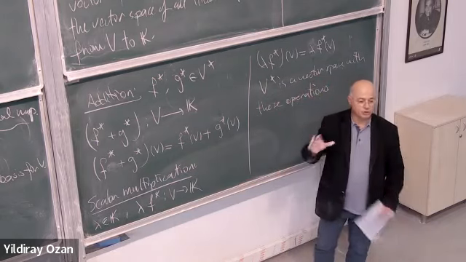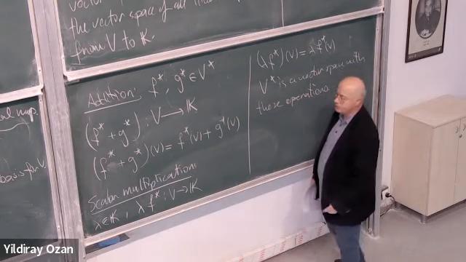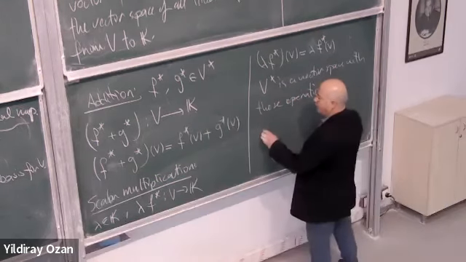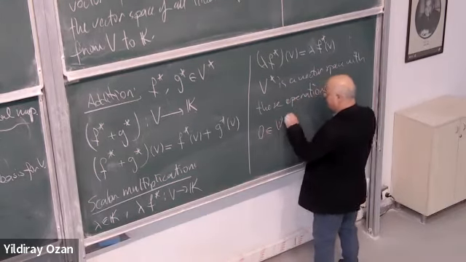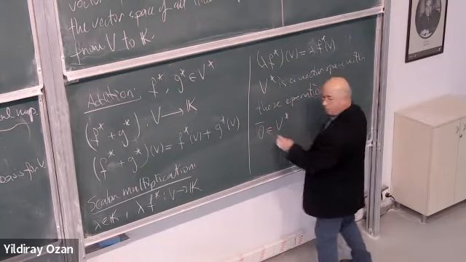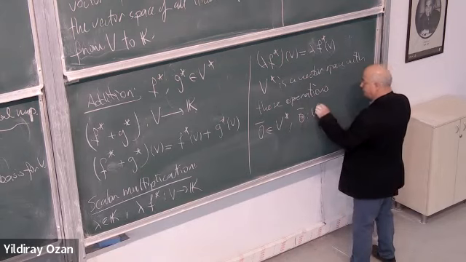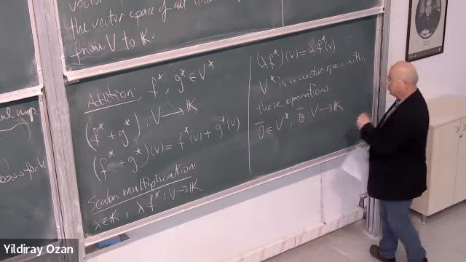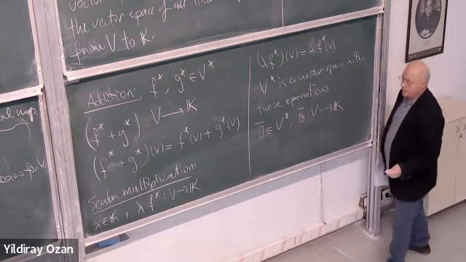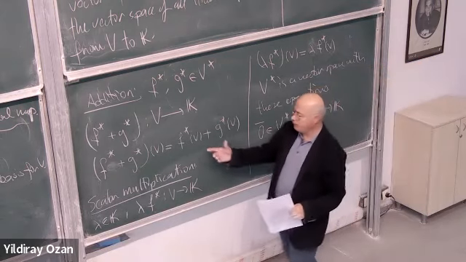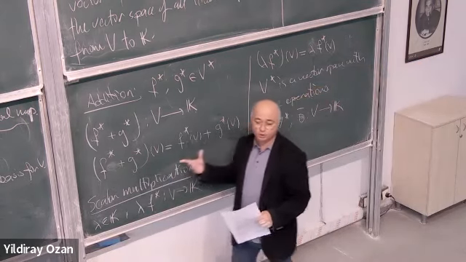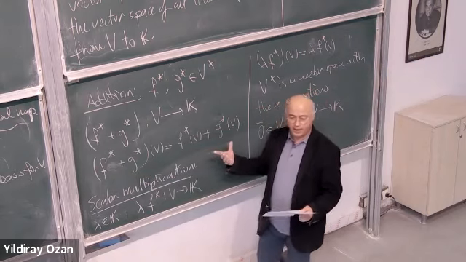Zero map, right? So the zero element of this vector space, let me call it zero bar, should be a map from V to K, and it should satisfy the following: if you add it to any map, it shouldn't change it, because it's the identity element.